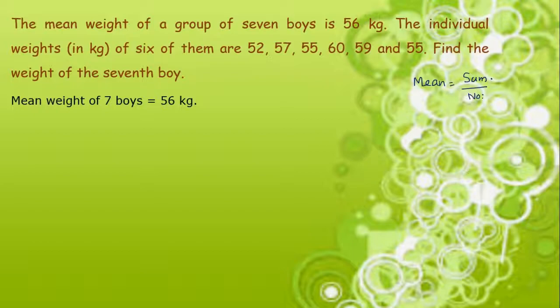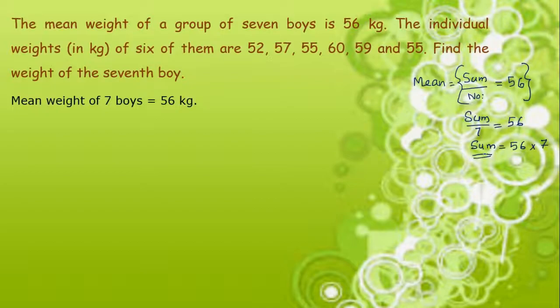Here mean weight of 7 boys is given as 56 kilogram. So using this equation, we have 7 in number, right? Sum by 7 equal to 56 and sum is equal to 56 times 7.